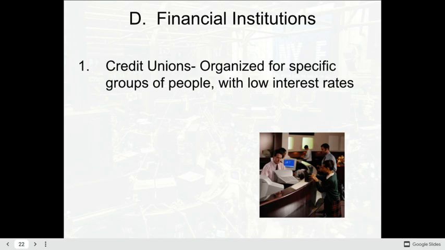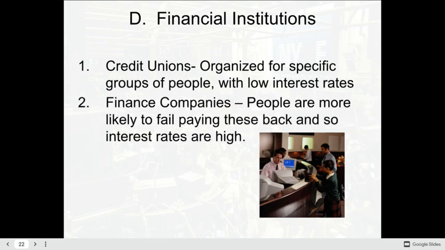Then there are other types of financial institutions. Credit unions are organized for specific groups of people and usually have low interest loans. They're not the same as banks for a variety of reasons.